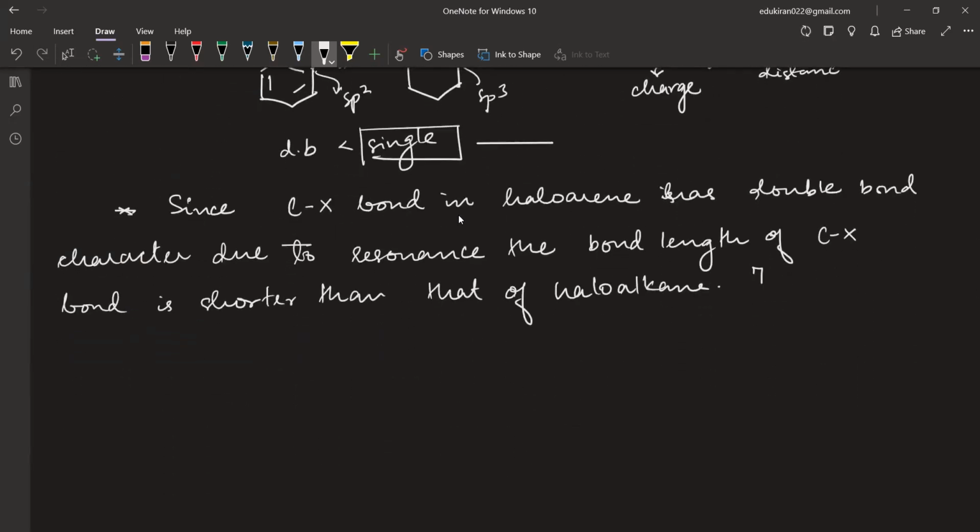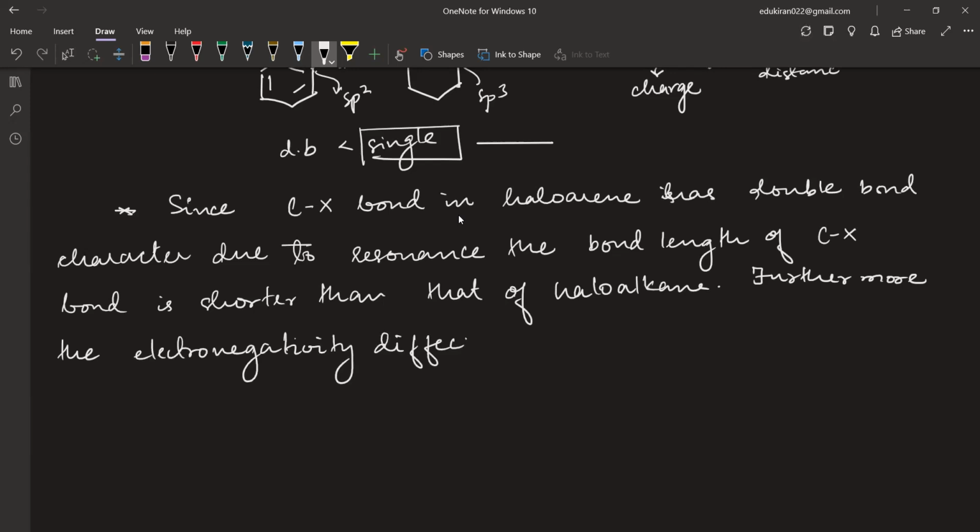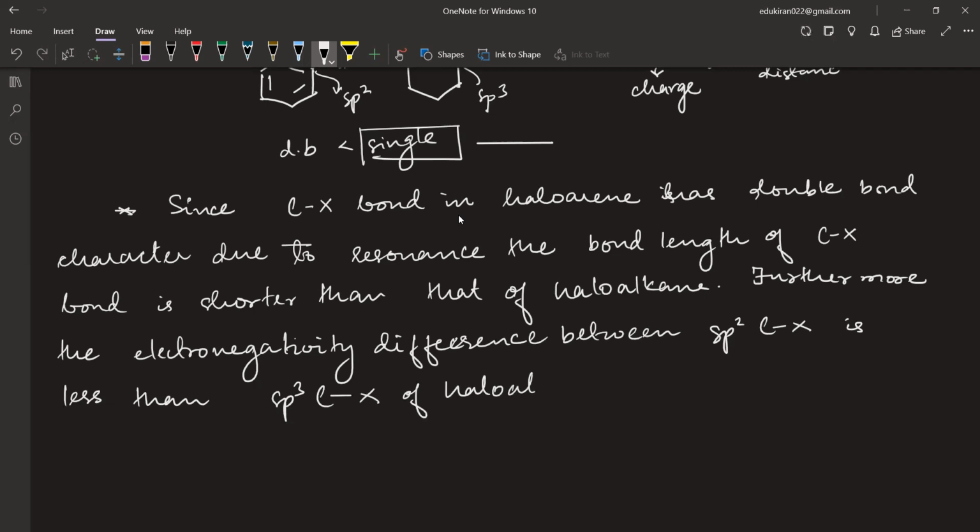Then you write furthermore, the electronegativity difference between the sp2 carbon and halogen is less than that of the sp3 carbon-X bond of haloalkane.